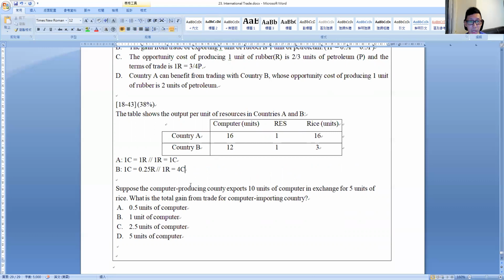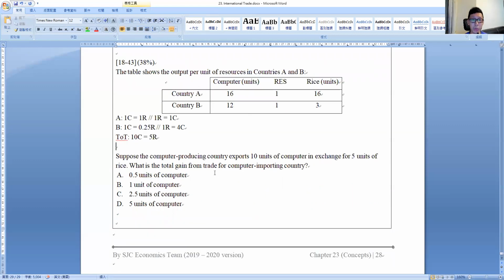Now suppose the computer producing country exports 10 units of computer in exchange for 5 rice. What does that mean? Terms of trade would be 10C to 5R, meaning 1C equals 0.5R, or actually let's do it the other way round.